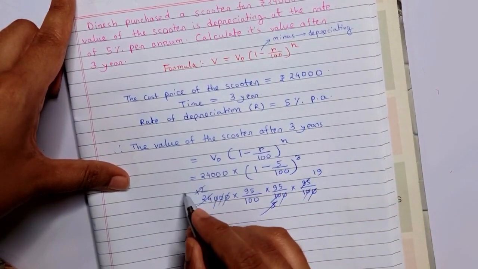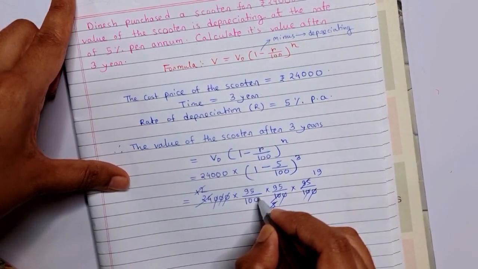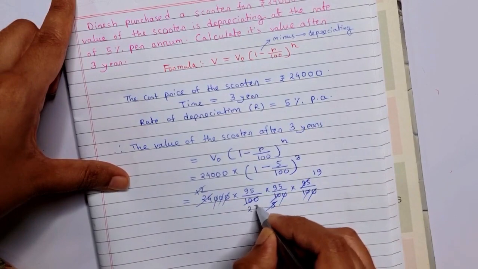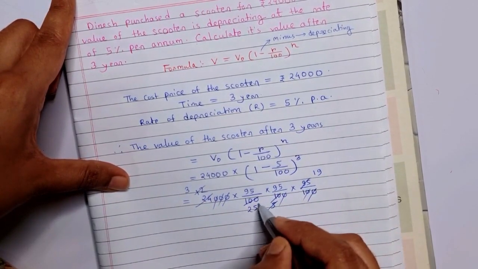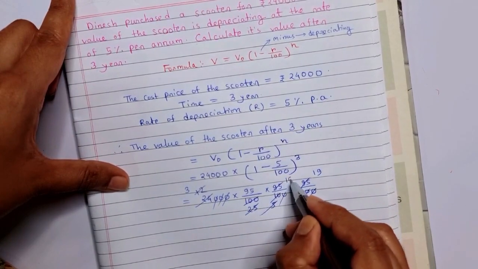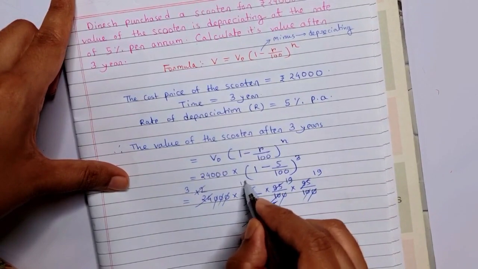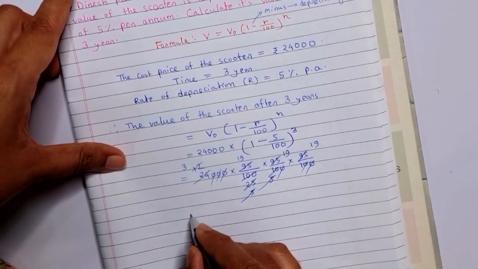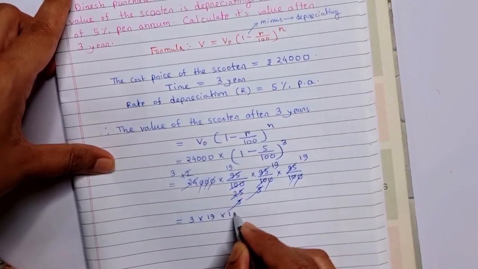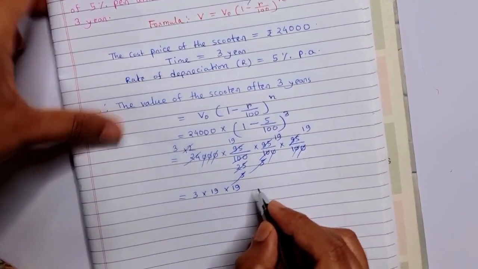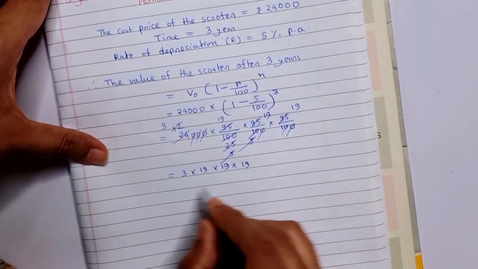Again divide this by 2, or you can divide it by 4 also. If I divide this by 4, then this will become 25 and this will become 3. Now 25, if I divide this by 5, it will become 5. 5 divided by 95 will become 19 again. So the values are 3 into 19 multiplied by 19.